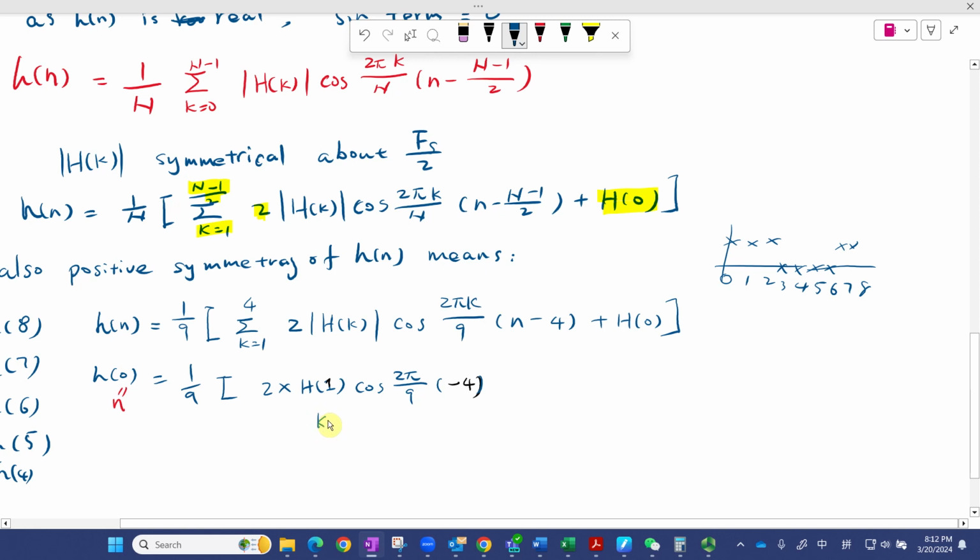And H1, you can see here, H1 is 1. So we know this one equals 1. And we're going to plus 2 multiplied with a capital H2. And we know H2 is also 1, right? And cosine 2 pi multiplied with k, here 2, over 9. Again, 0 minus 4 is negative 4.